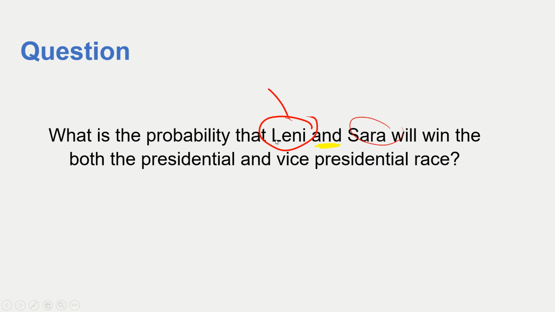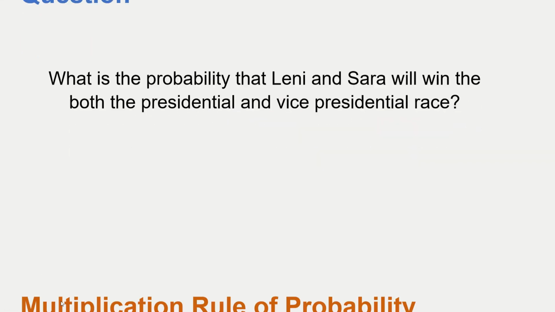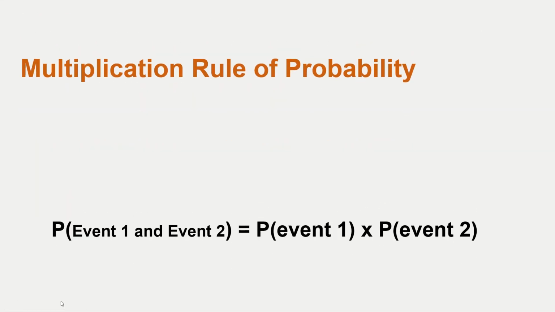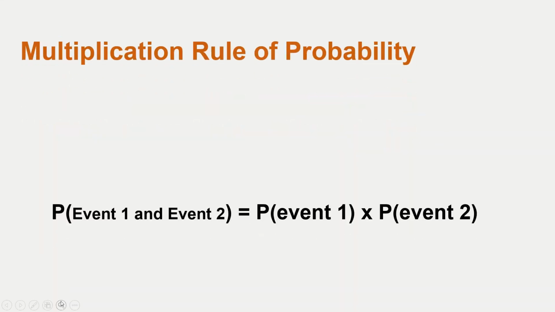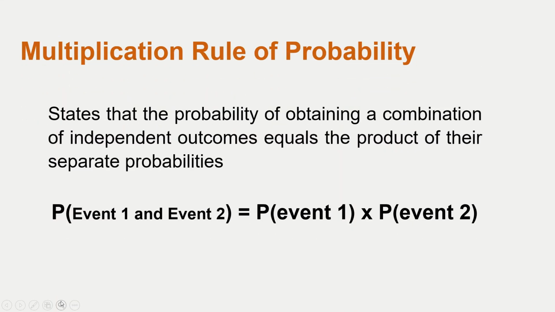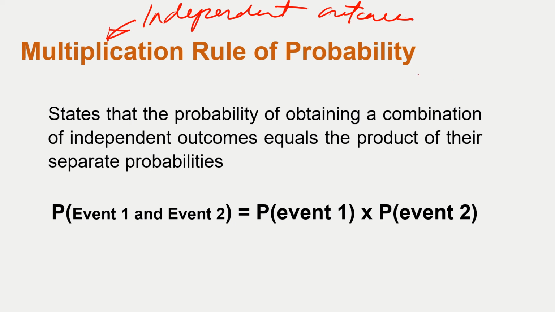So let us now go to our solution. Here is our rule first. When our outcomes are independent, we apply the multiplication rule of probability. It states that the probability of obtaining a combination of independent outcomes equals the product of their separate probabilities.